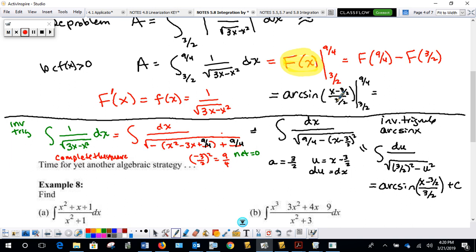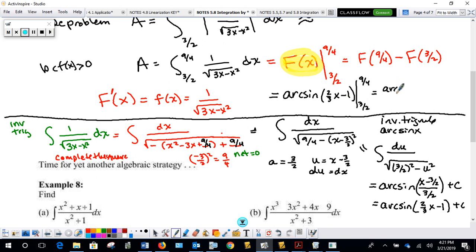So just doing a little algebra, and dividing by 3/2 is the same as multiplying by 2/3. So this becomes arc sine of 2/3 times (x minus 3/2), which is 2/3 x minus 1, plus c. That might be better in terms of doing some arithmetic here, because this will probably be on a no calculator. So we would have 2/3 x minus 1. So then we just plug and chug.